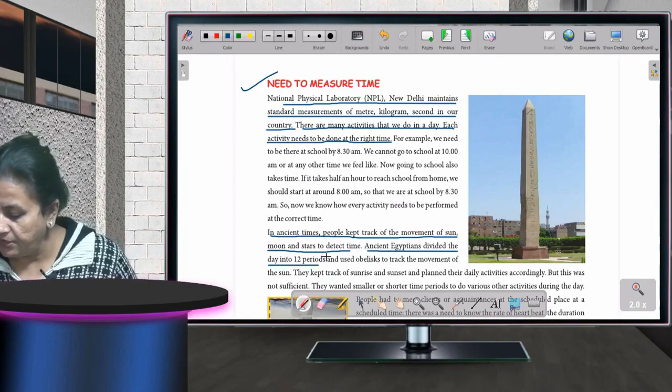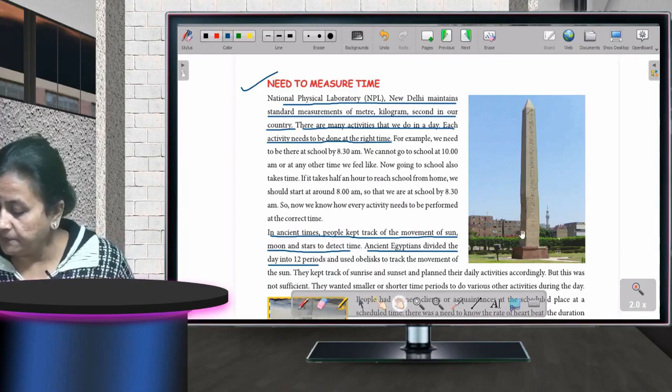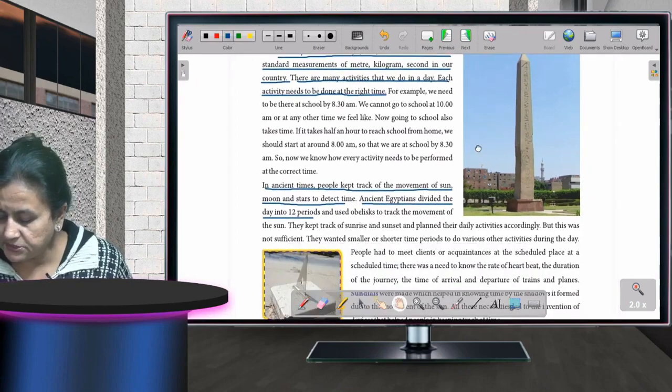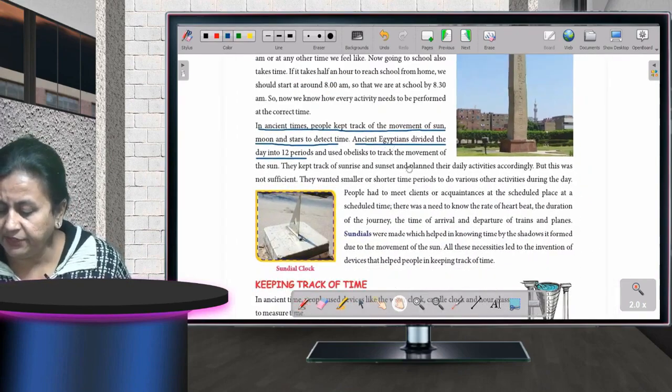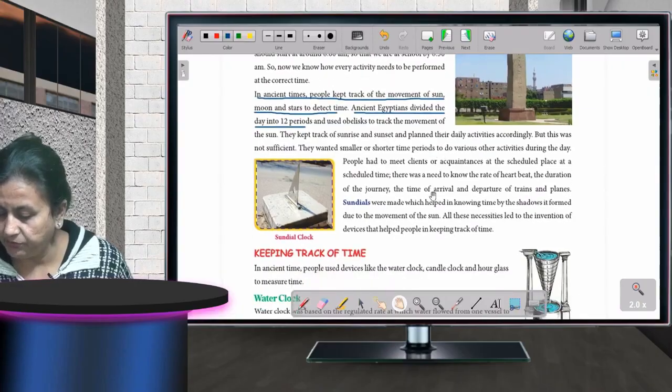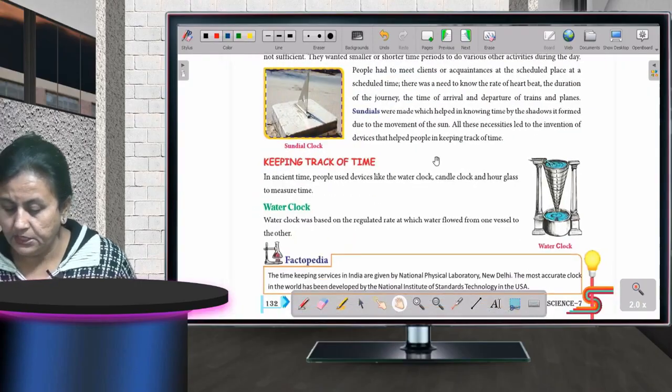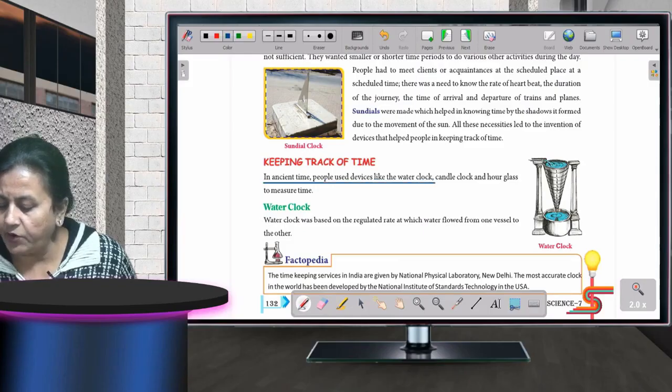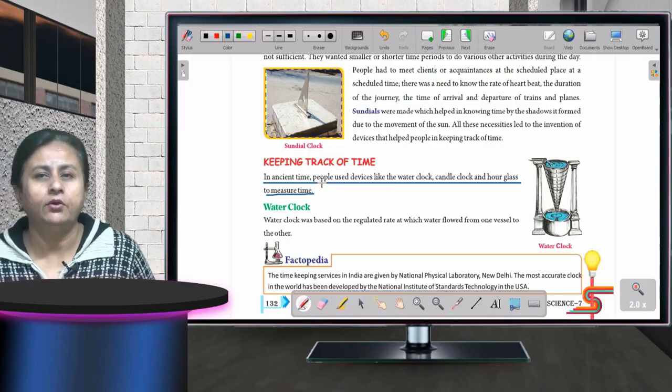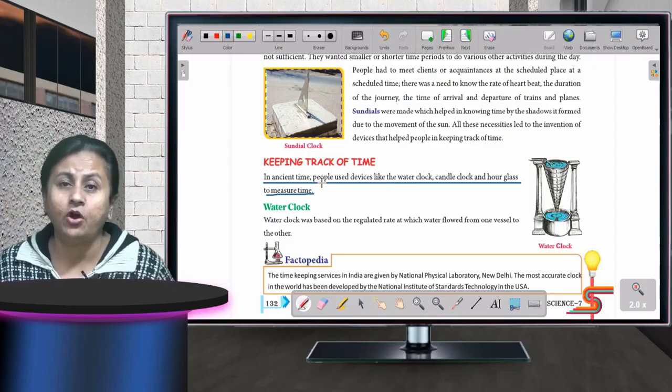Fine children? So there are many things which are helping us to know the time. First is, how can we keep the track of time? You can see on your screens also. In ancient times, people used devices like water clock, candle clock and hour clock to measure time. Okay, in ancient times, long back.